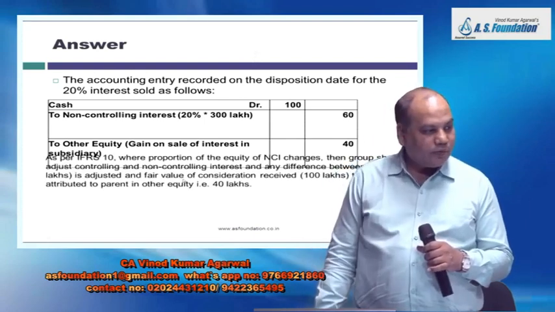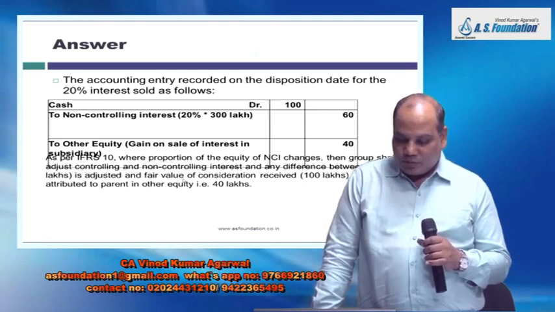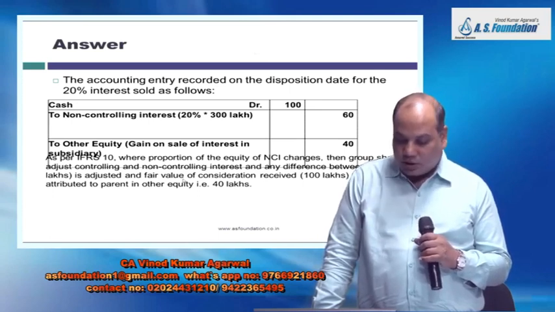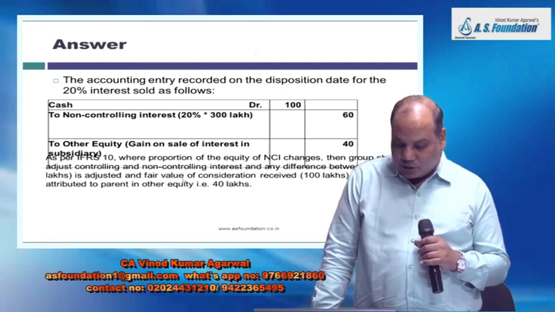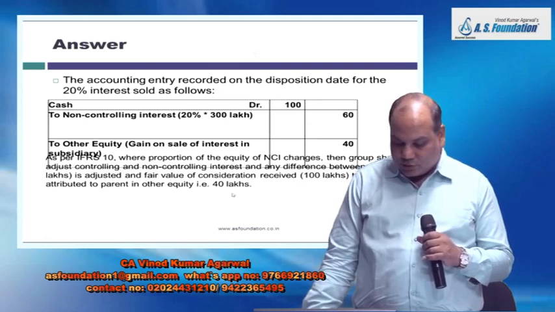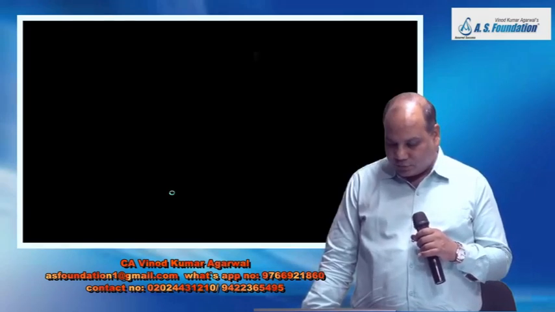Then there is a note also I have written. As per IFRS 10, where proportion of the equity of NCI changes, then group shall adjust controlling and non-controlling interest, and difference between NCI is adjusted, and fair value of the consideration received is to be attributed to parents' other equity, that is 40 lakh.